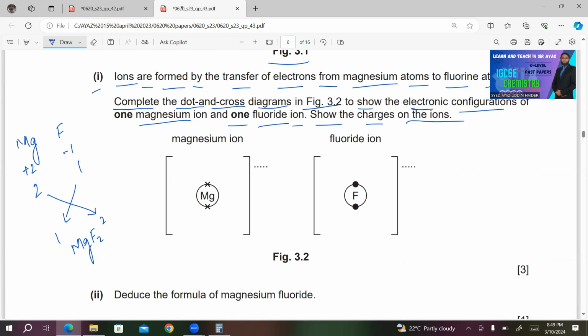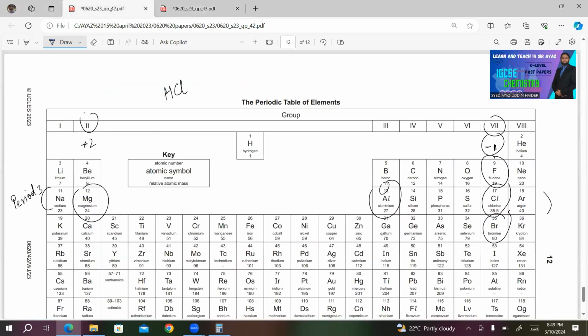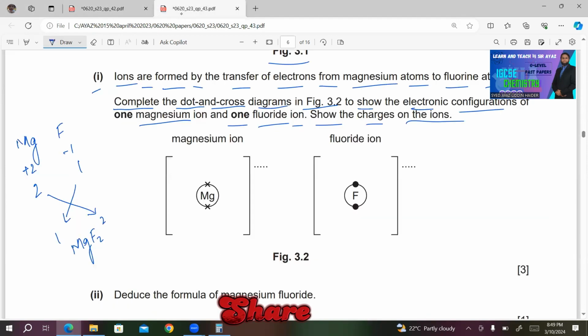One magnesium atom will donate 2 of its valence electrons. What is the proton number of magnesium? It's 12. After losing 2 electrons, it must have 10 electrons left. This is the electronic configuration of magnesium: 2, 8, 2.